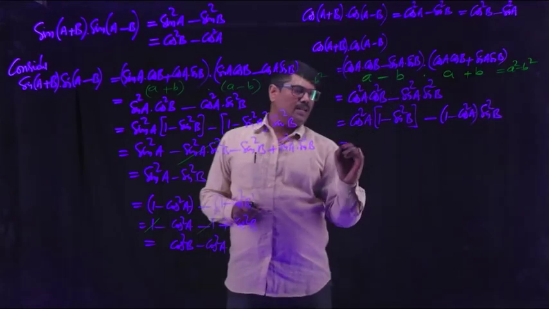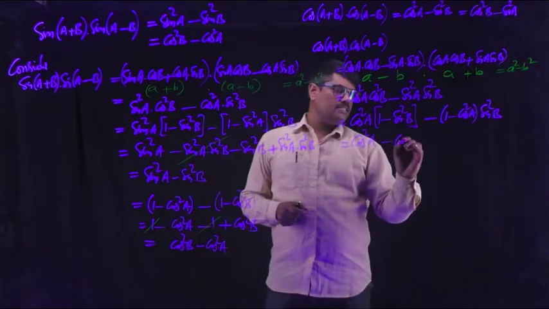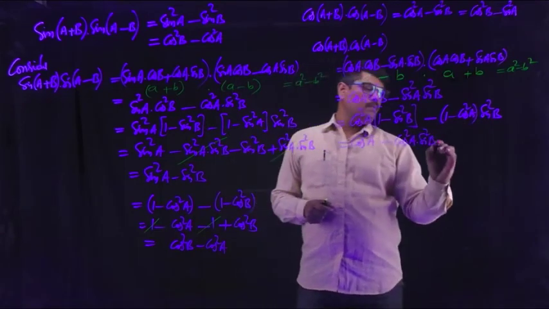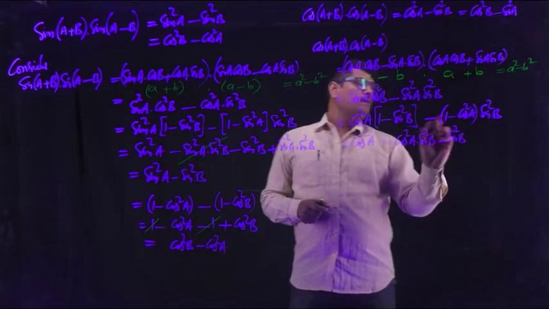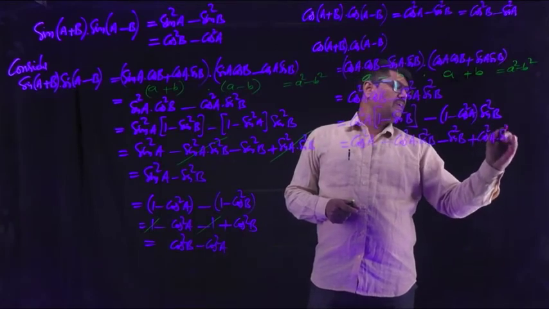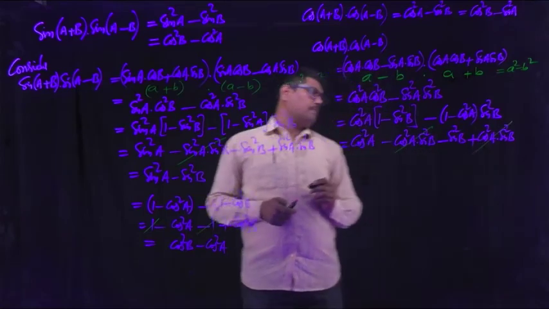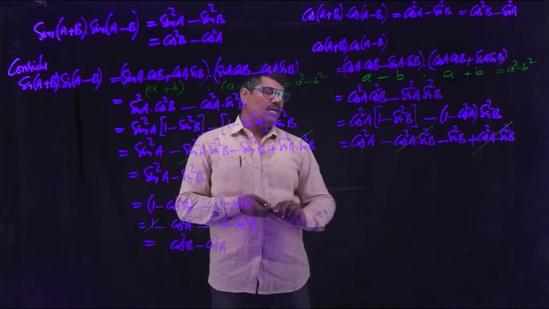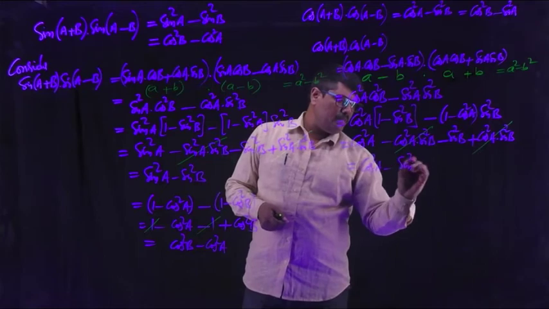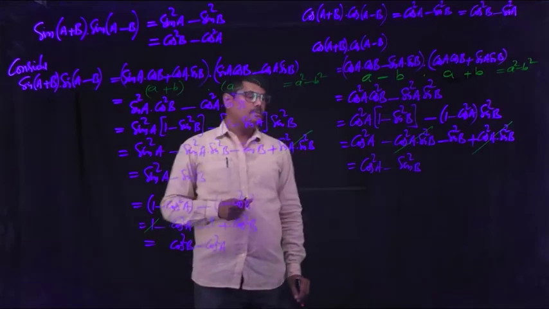Now expanding this one, cos square a into 1 is cos square a, cos square a into sin square b, minus 1 into sin square b, this will become minus sin square b, minus into minus you will get plus cos square a into sin square b. Now again observe here, the same term with the positive sign and negative sign get cancelled, and the remaining value we obtained is cos square a minus sin square b. So this is the formula for cos a plus b into cos a minus b.